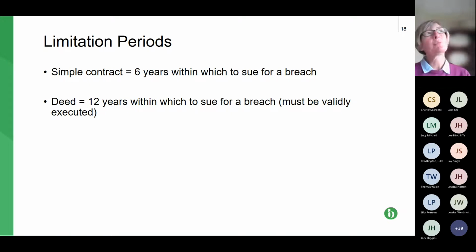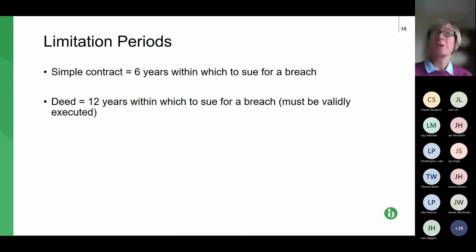It also probably applies in terms of how long you have to claim your final account, albeit just be careful because under JCT and also now NEC4, both contracts have mechanisms to force a final account to become final and binding on the parties.